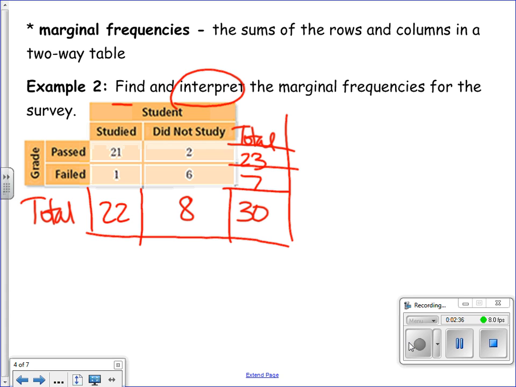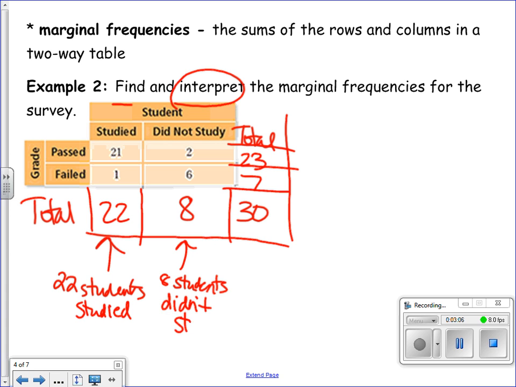All right, very good. So what this tells us is that, this number we're interpreting now, 22 students studied. Here, 8 students didn't study. This tells us the total number of students surveyed.